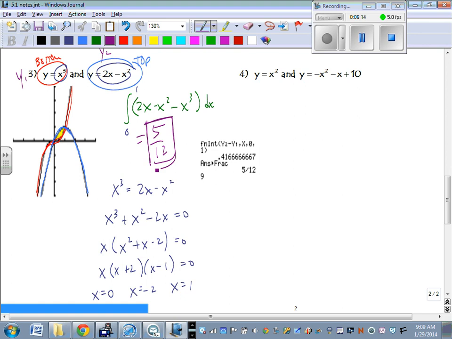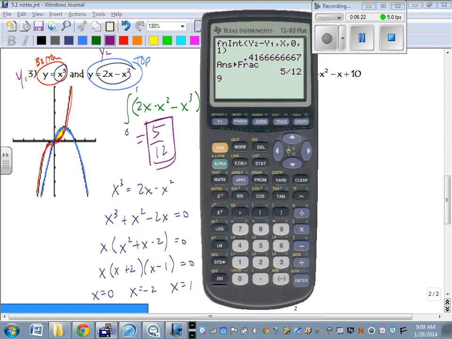Now, one other thing to point out for this problem, let's say we're using our calculator for the whole thing, we can find these intersection points using our calculator also. So if we go back to this graph, remember to find the intersection points, you do second, trace, and option number 5 is intersect. So if I want to find this one, it says first curve, it's on my y sub 1, so I'm going to hit enter.